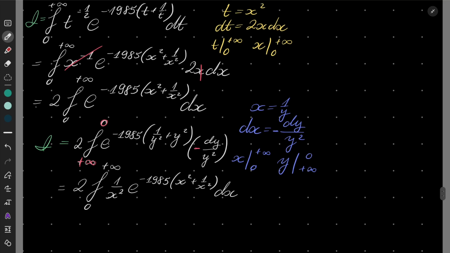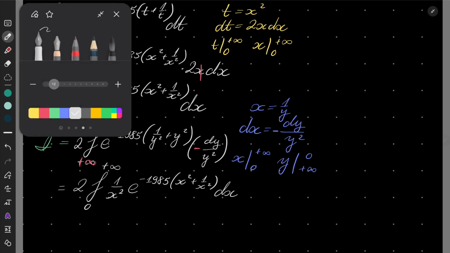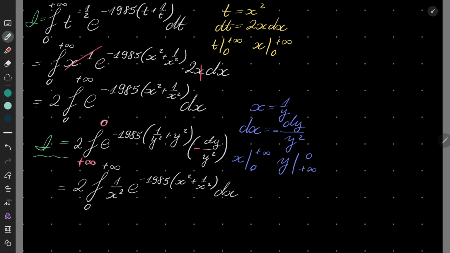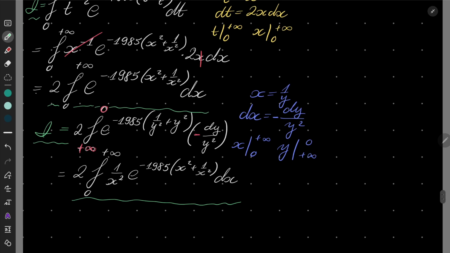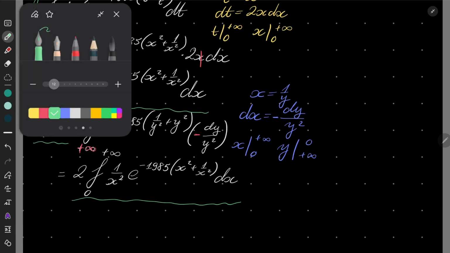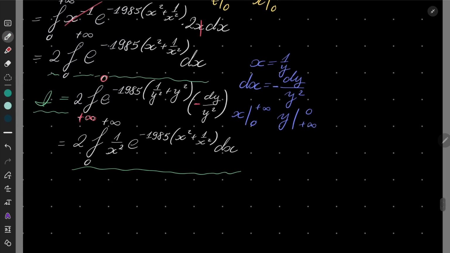Now, what now? Okay, now we have expressed our integral in two different ways. This was one way to express our integral, and the second way was here. Now, the basic idea is to add these two equations together.